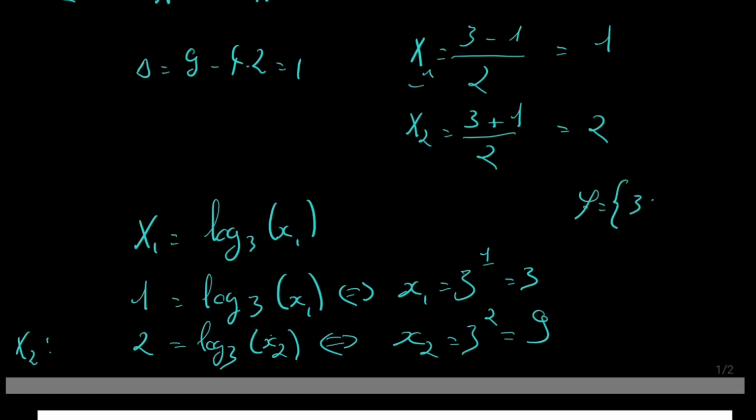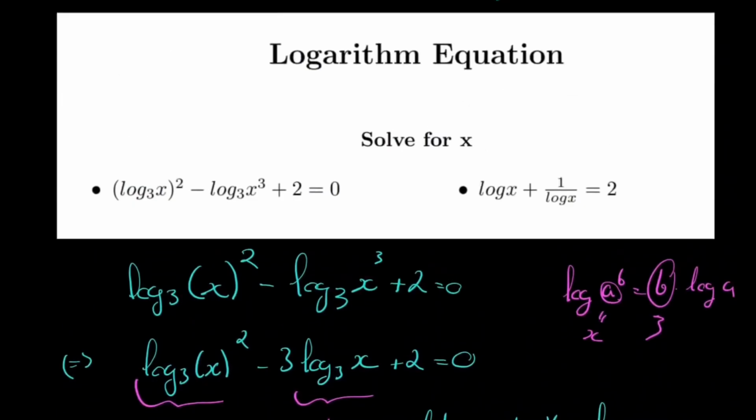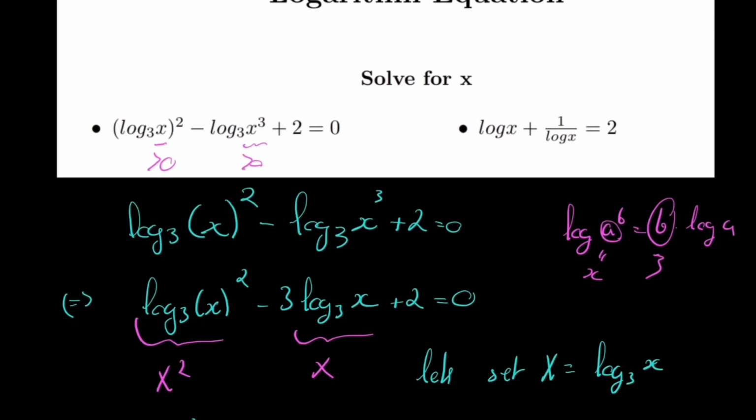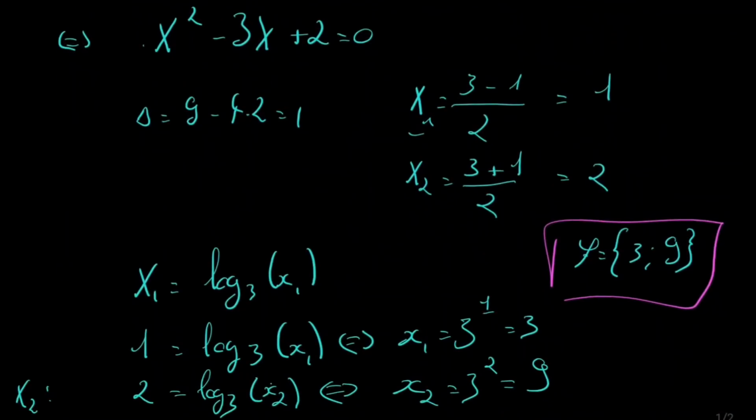We've got 3 and 9. We are just going to plug them back into the equation to verify that we don't have any problem. If I plug in 3 and 9, this thing is greater than 0, so this is okay. Same thing for the x to the third power. And so these are the two solutions.